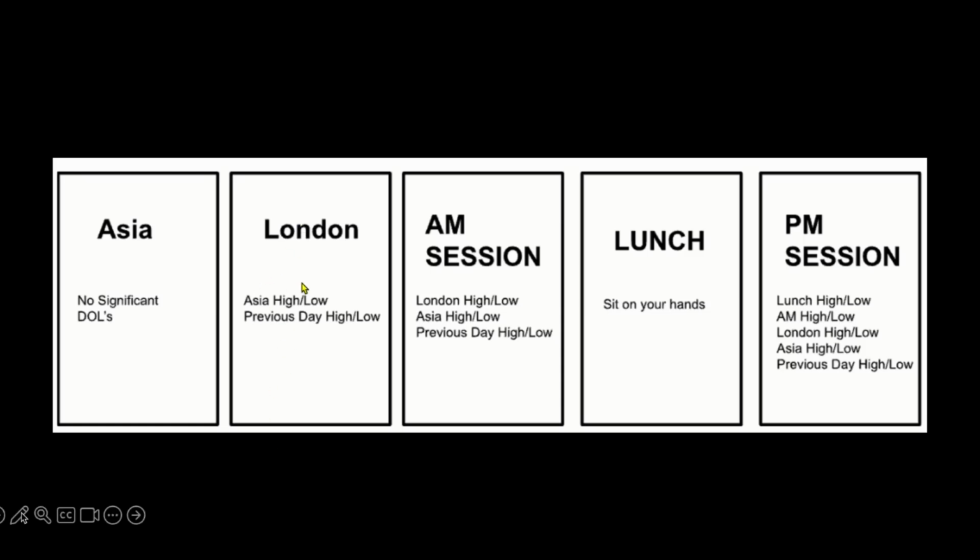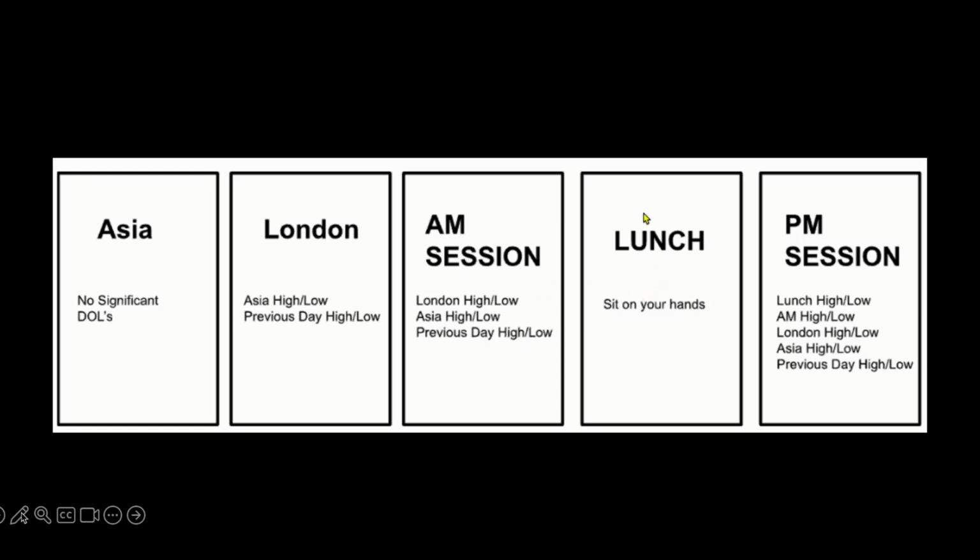During London, we can refer to the Asia high and low, and we can refer to the previous day's high and low. During the AM session, we can refer to the London high and low, and the Asia high and low, and the previous day high and low.